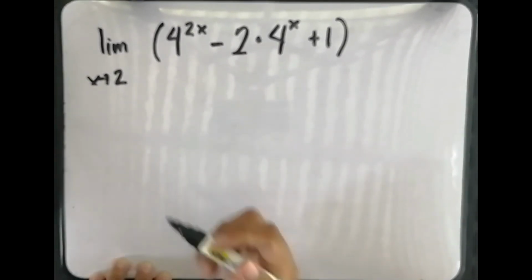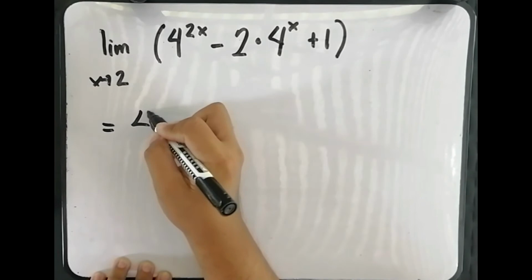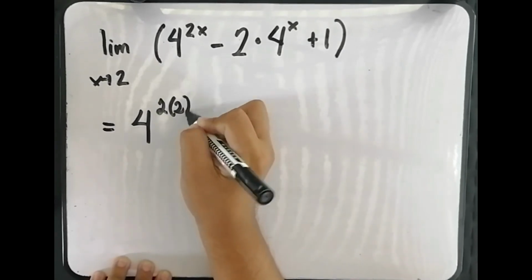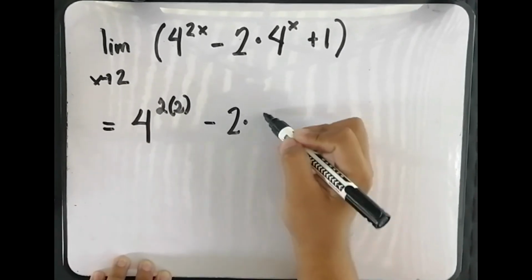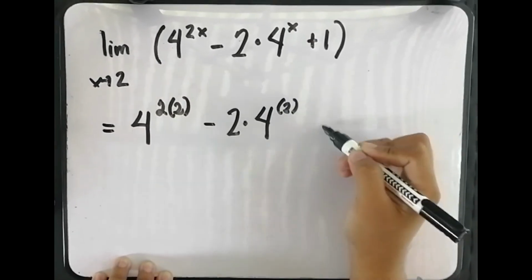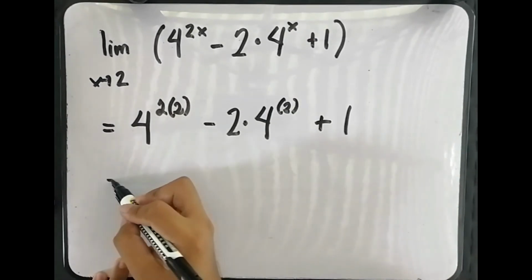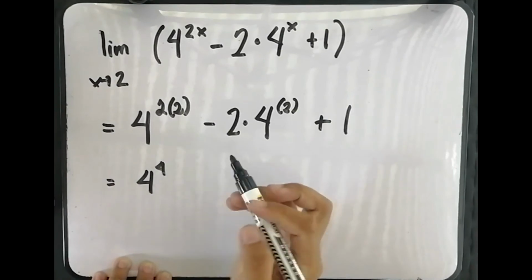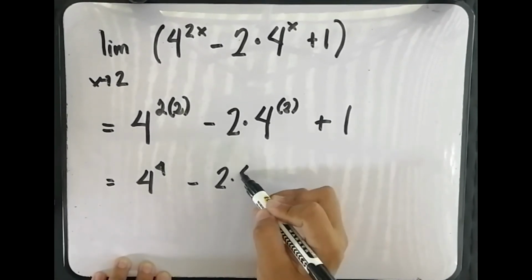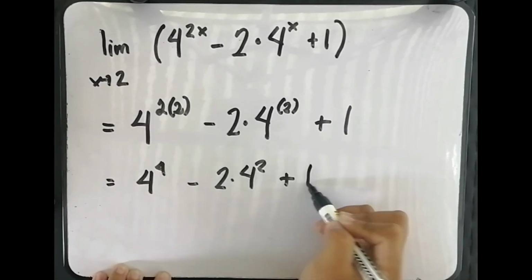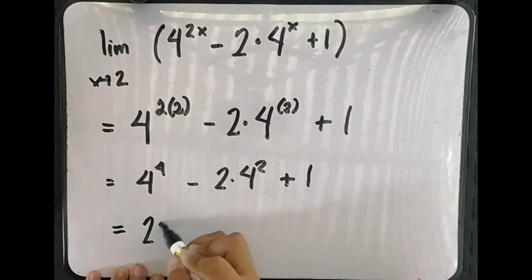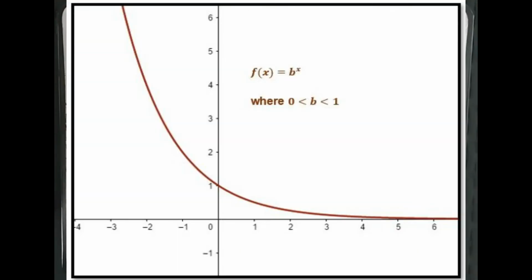That is 4 raised to 2 times 2 minus 2 times 4 raised to 2 plus 1. So we have 4 raised to 4 minus 2 times 4 squared plus 1. So we have 225.